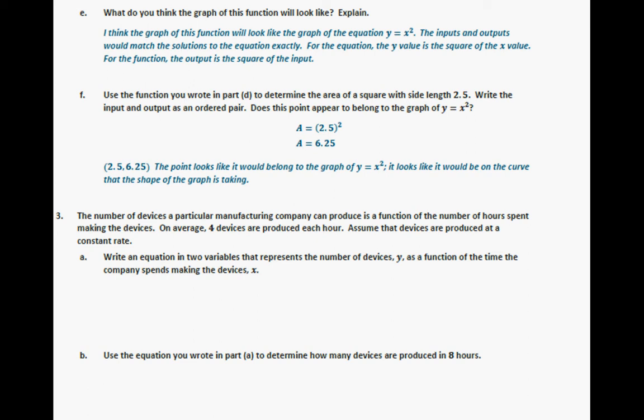Okay, exercise 3. Here's the answer for 3A. And for 3B, the answer is y equals 32.